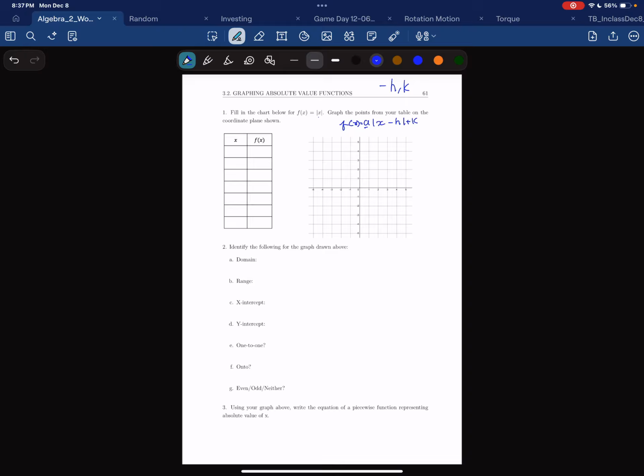So in this case, our function is f of x equals the absolute value of x. What's H and what's K? Well, here I can clearly see that it's 0, 0. And then what's A? A is 1. Why is A 1? Well, because this is a multiplicative identity.